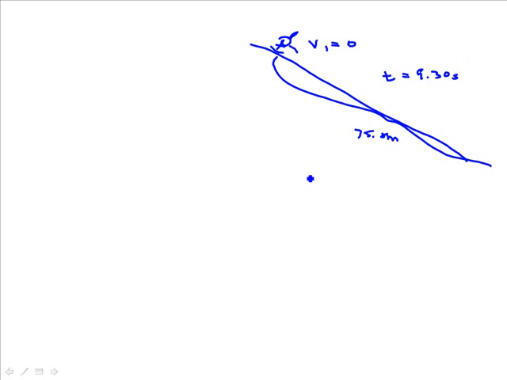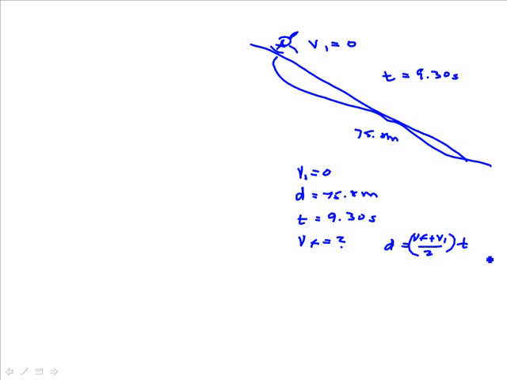Well, since initial velocity is 0, the displacement is 75.8 meters, and the time of travel was 9.30 seconds, we want to know what VF is. All right, and of course the equation D equals (VF plus VI) over 2 times T works for us.